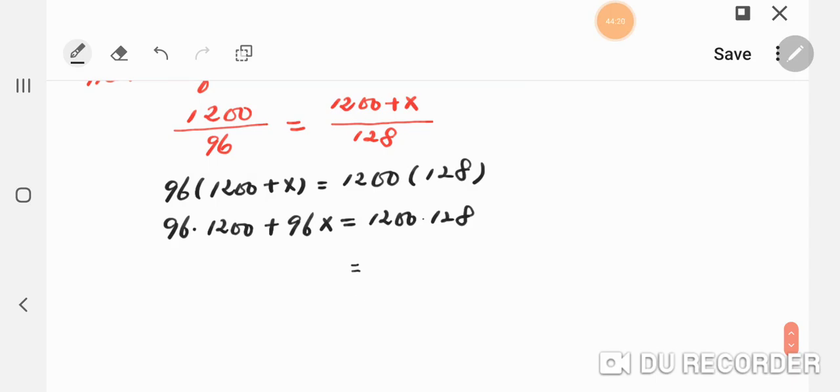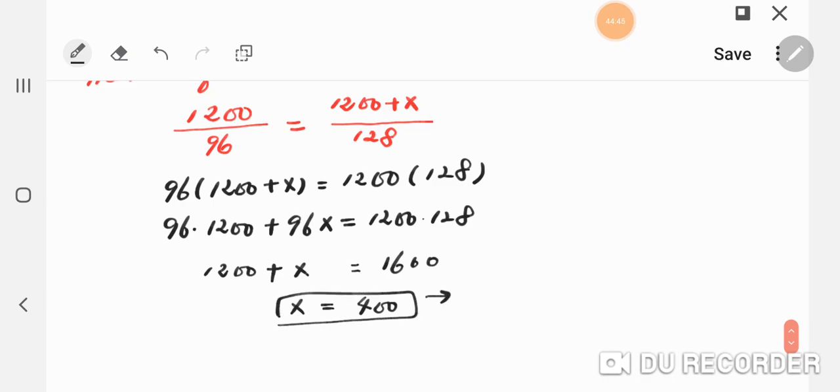Once you calculate this, it will be something like 1,600 on the left side, and then X is equal to 1,600 minus 1,200, so 400. So the additional amount is what? $400. The additional amount is $400.